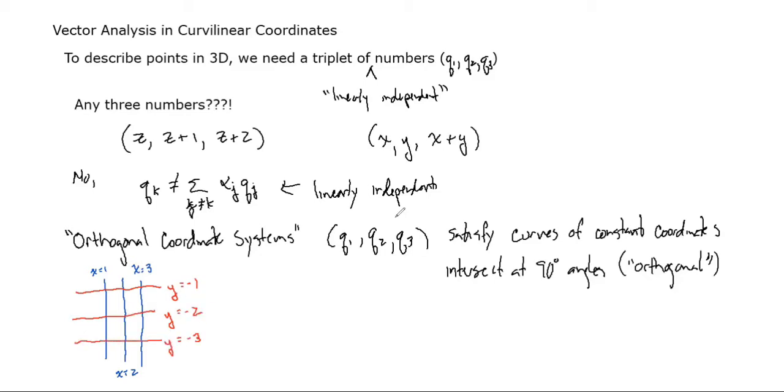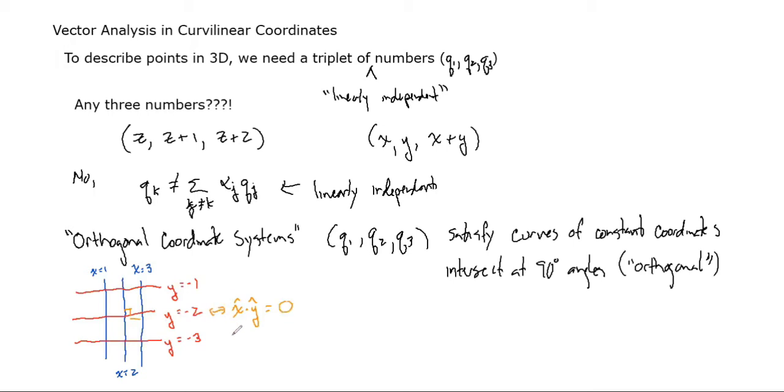Okay. So everywhere that you plop down here, these things meet at a 90-degree angle. So what this also means is that x hat dot y hat equals what? 0. Yes. So these are two ways of saying the exact same thing.